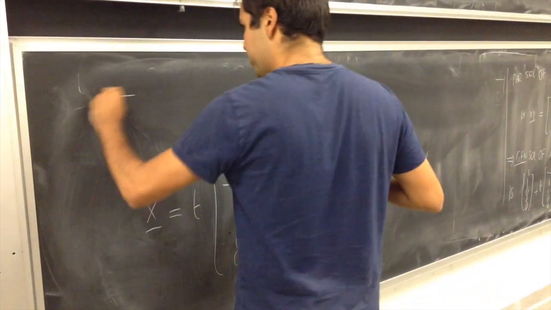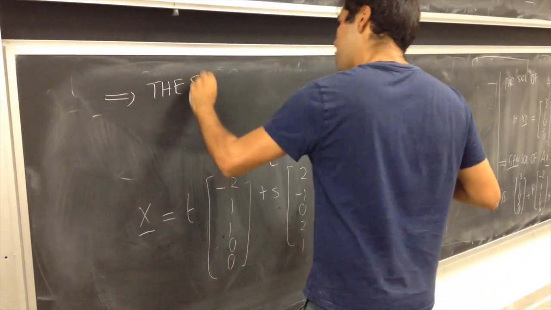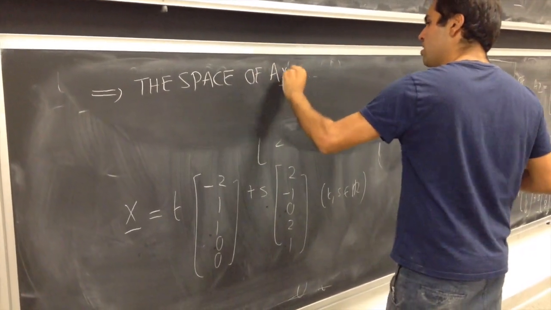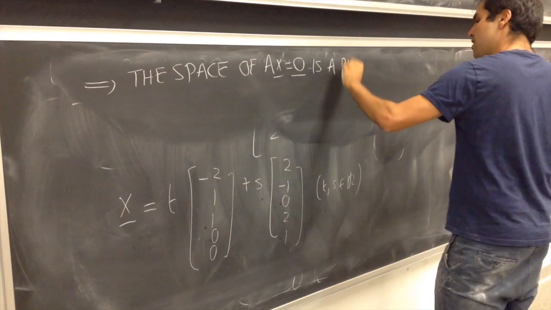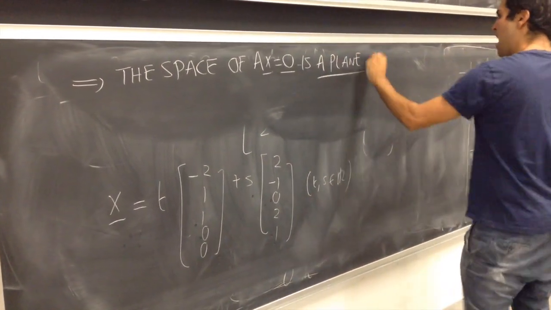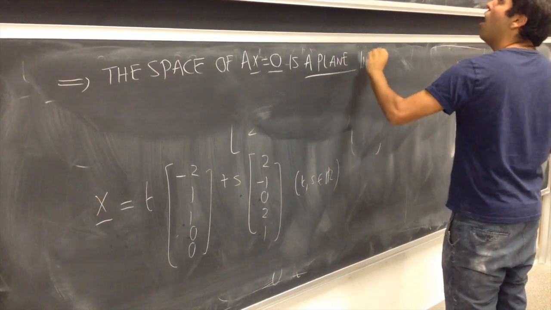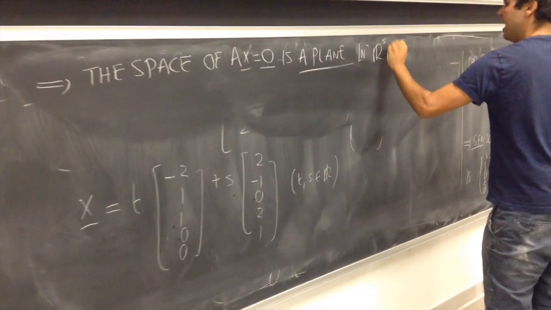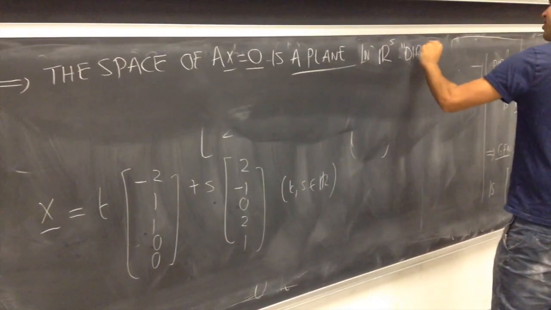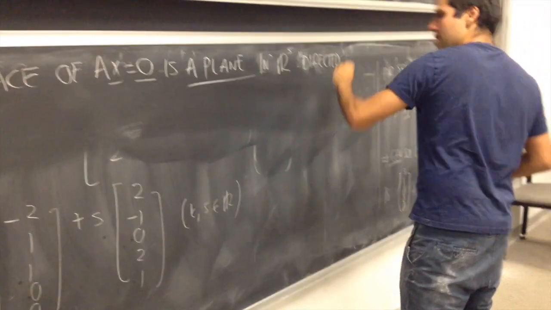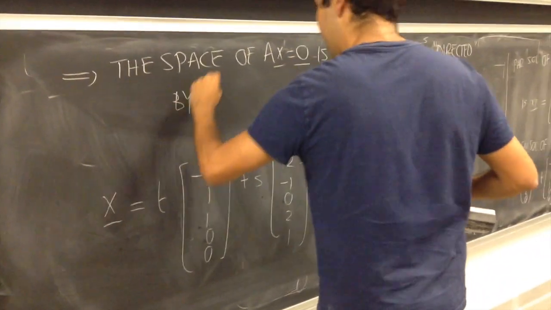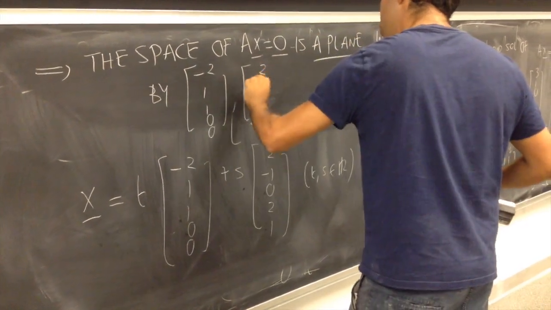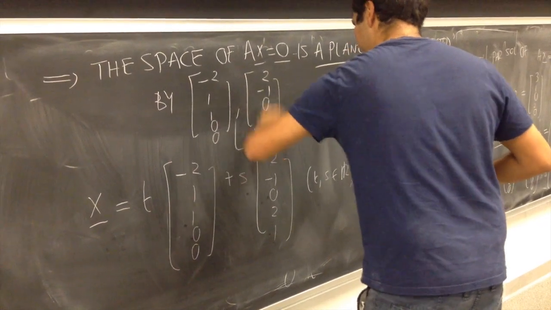So the space of Ax equals 0 is a plane in R5, maybe guided or directed, I guess that's a good word, by those two vectors, (-2, 1, 1, 0, 0) and (2, -1, 0, 2, 1).